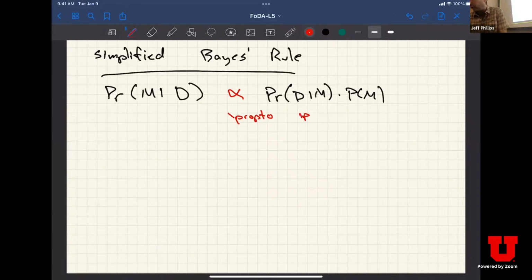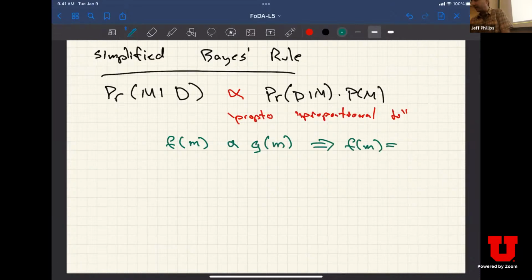Proportional to. It's not equal to, but if I have a function f of m, and I say it's proportional to g of m, that implies f of m equals some constant times g of m, where this is a possibly unknown constant.